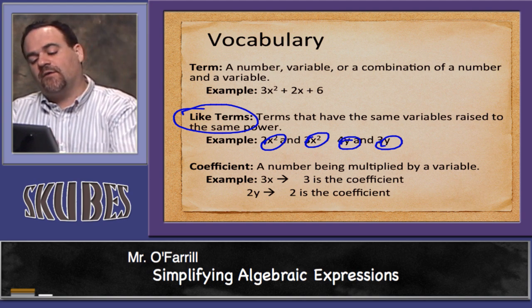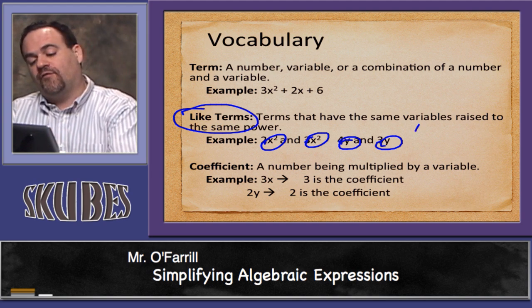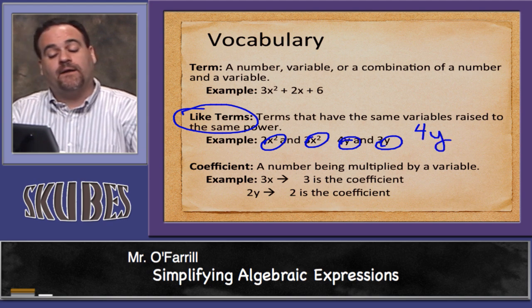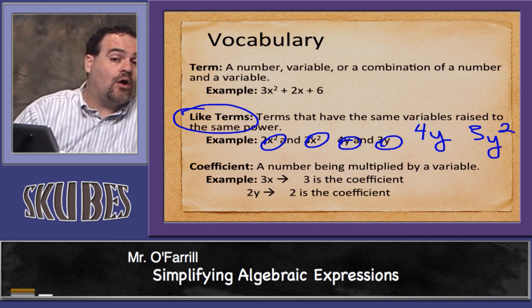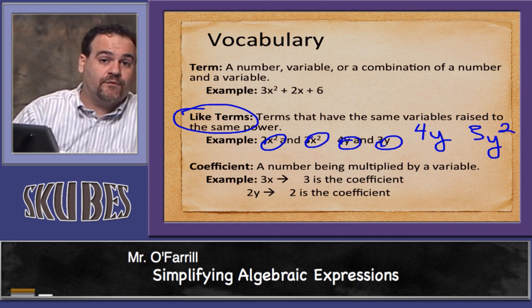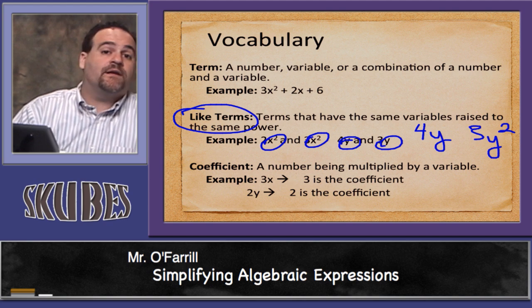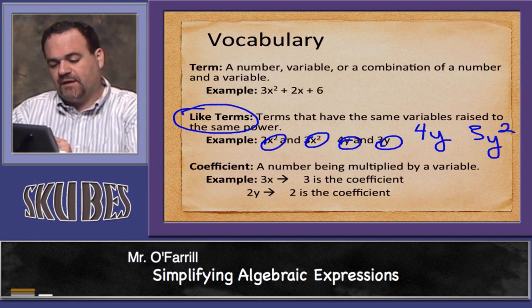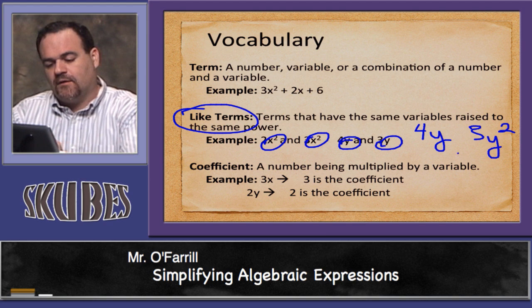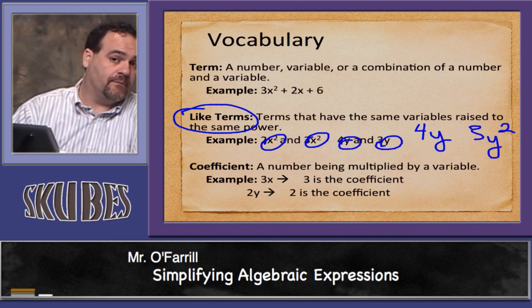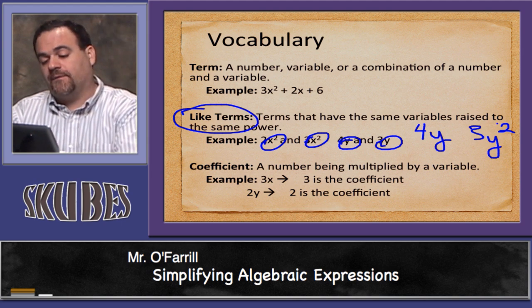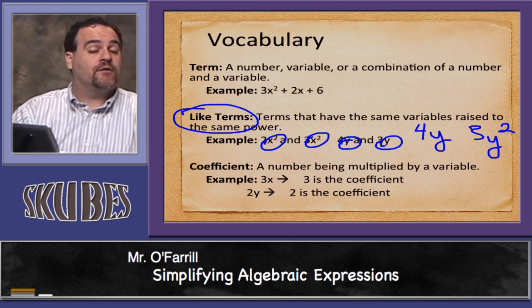But what if I introduced another idea like 4y and 3y squared? Are those two like terms? The answer is no, because here we would consider this a y term. This one is a y squared.